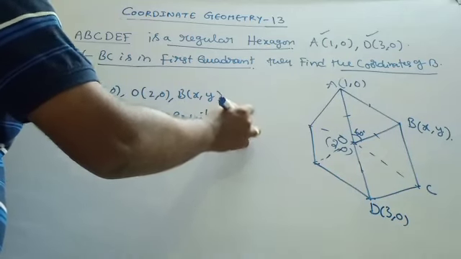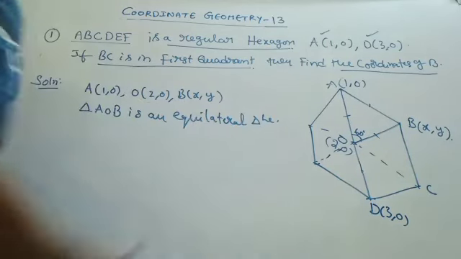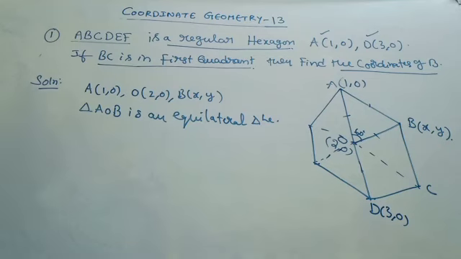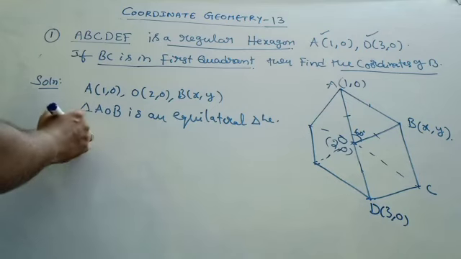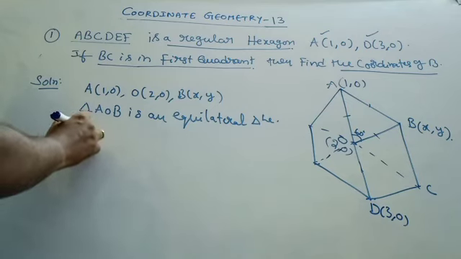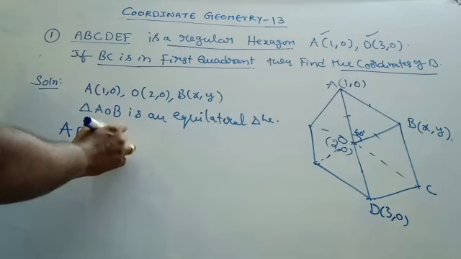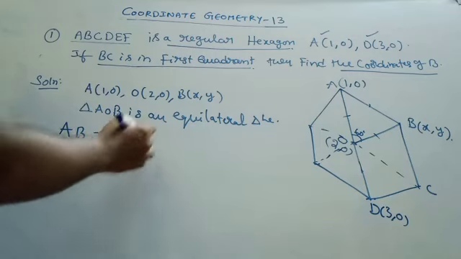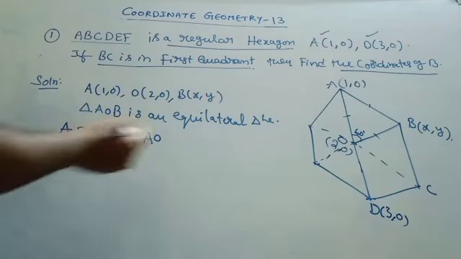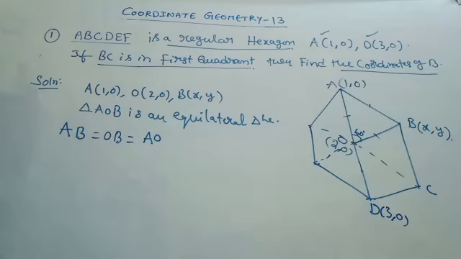Wonderful. Now how are we going to get it? That's very simple. You see, my dear students, since it is an equilateral triangle, AB length is equal to OB length, which is equal to AO, because all three sides will become equal.